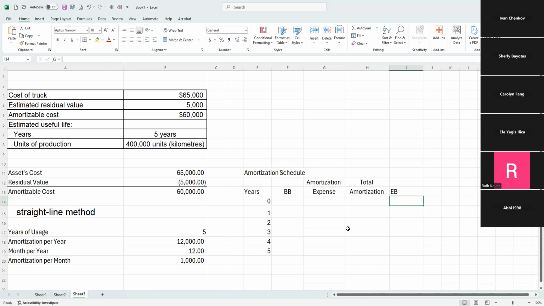What will be the amount that I have to start with? Obviously, that will be the cost of the asset, right? 65,000.